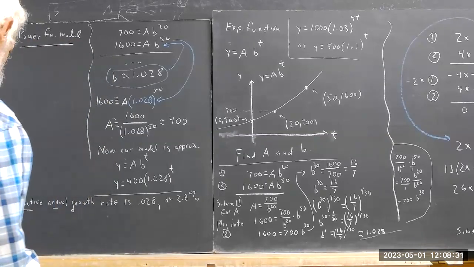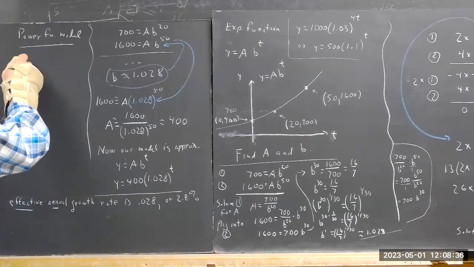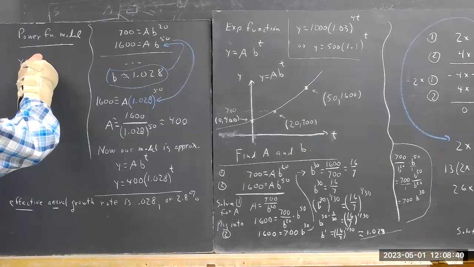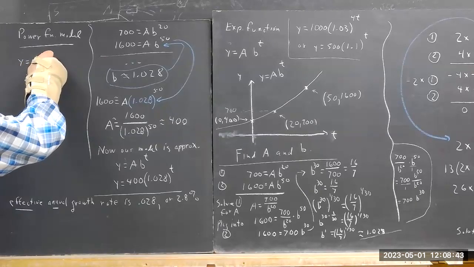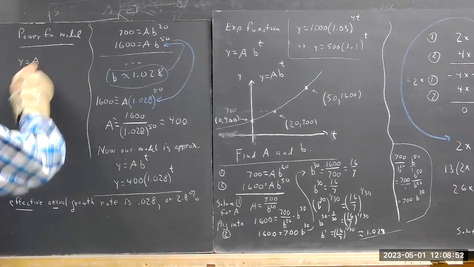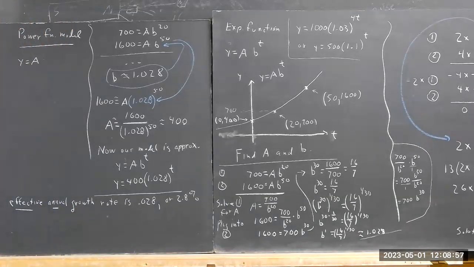A power function model is of the form... let me think about how I want to make sense of this before I write it down. I want to relate it to our basic functions, our toolkit functions.